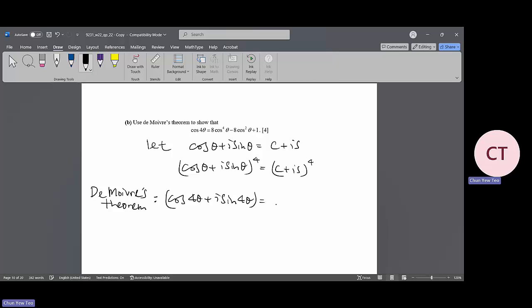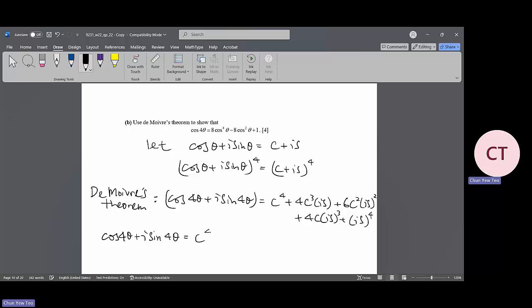Your right-hand side is a binomial expansion: C to the power 4 plus 4C cubed iS plus 6C squared (iS) to the power 2, since 4C2 is 6, plus 4C (iS) to the power 3, and (iS) to the power of 4.